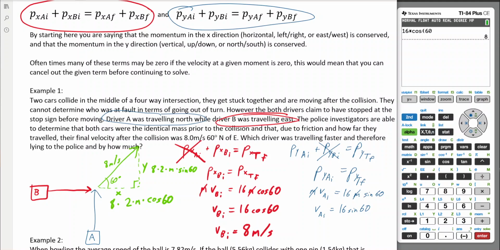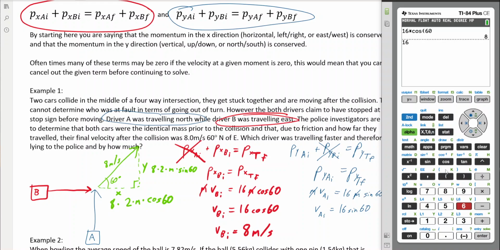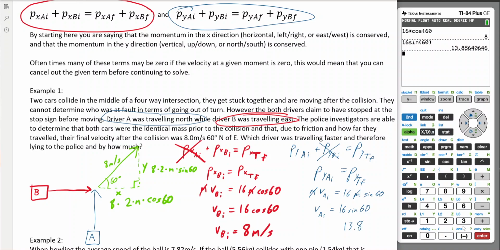Okay, and person A was traveling at a velocity of 13.8 meters per second when they collided. So it's possible they both were lying to the police, because 8 meters a second is fast enough.